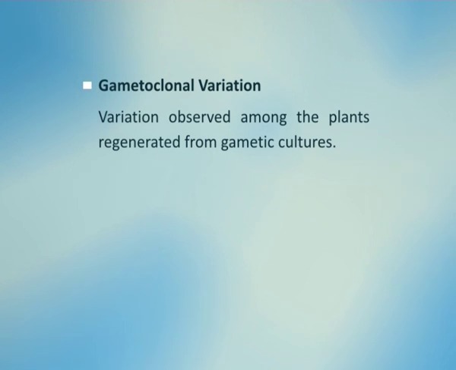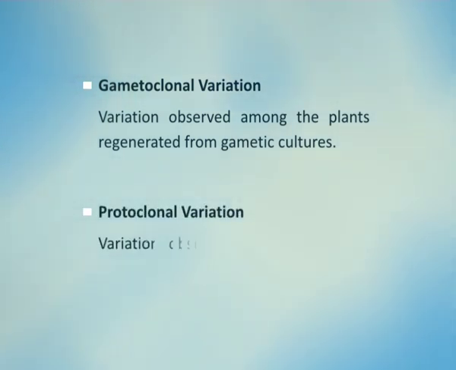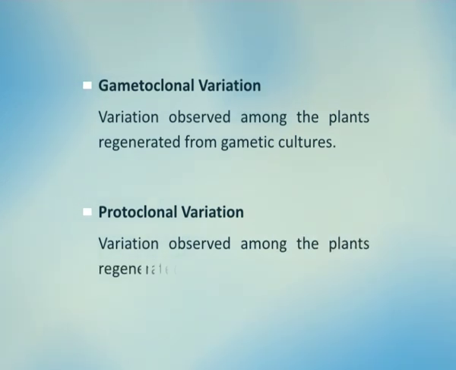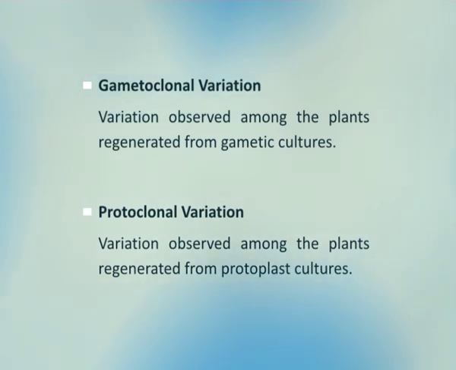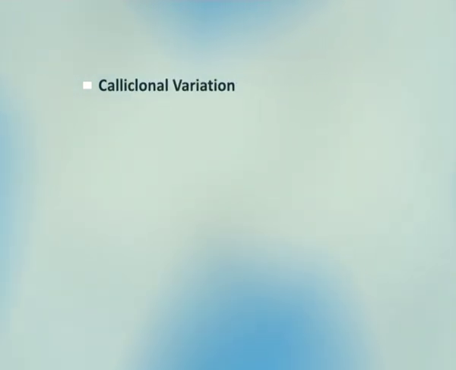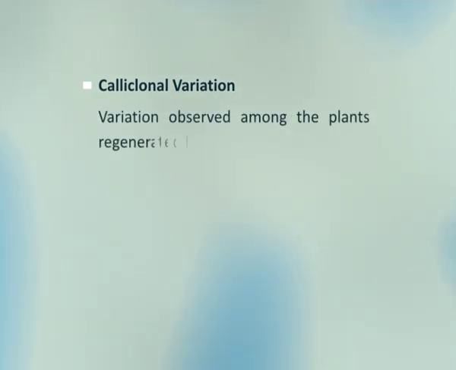The second type is protoclonal variation or variation observed among the plants regenerated from protoplast cultures. The third type is calliclonal variation or variation observed among the plants regenerated from callus cultures.